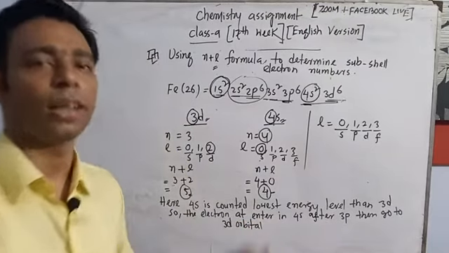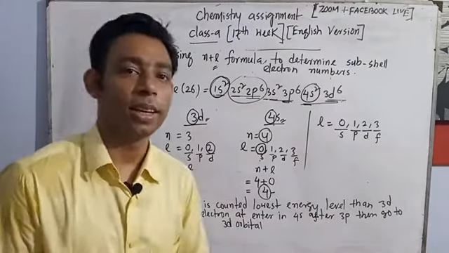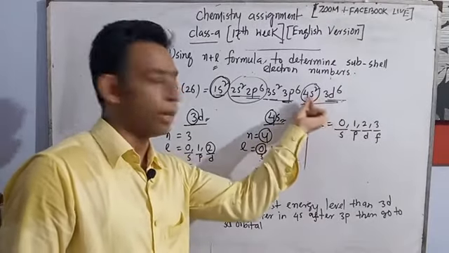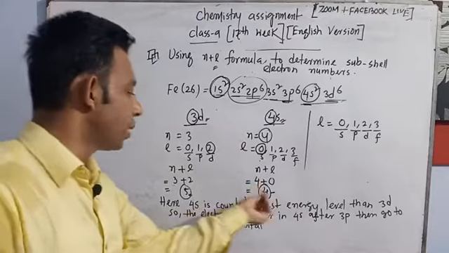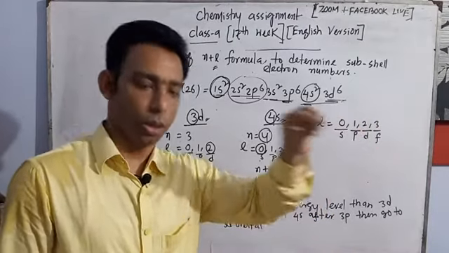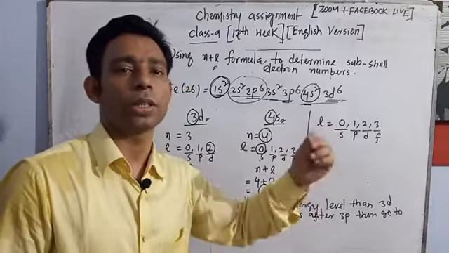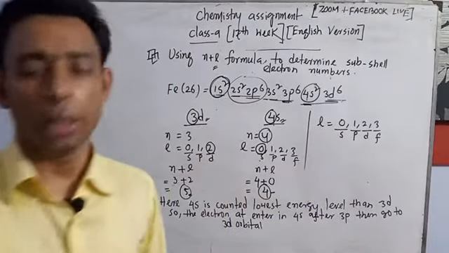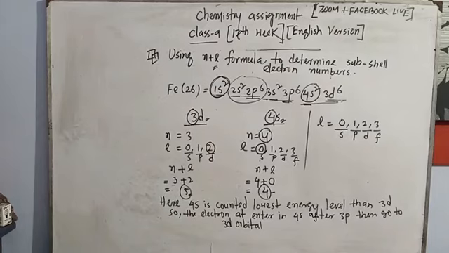Yes, done. Fourth part is done. So you understand now why instead of 3D it goes to the 4s, since it is the lowest energy level. Regarding the condition of the electron moving through orbitals, at first they will fill up the lowest energy level, then it will go through the highest energy level.